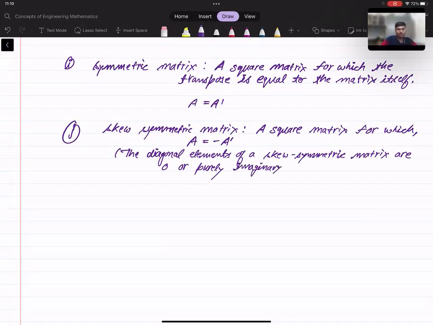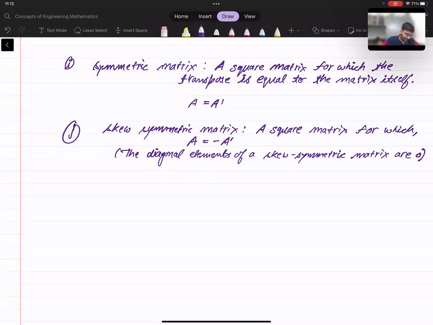Let me check for the imaginary case. This will be zero, that's sure. So if this is iota and again iota, they do not need to be imaginary. They are zero. So the diagonal elements of a skew symmetric matrix are zero. Sorry, I said them to be imaginary. They are zero.